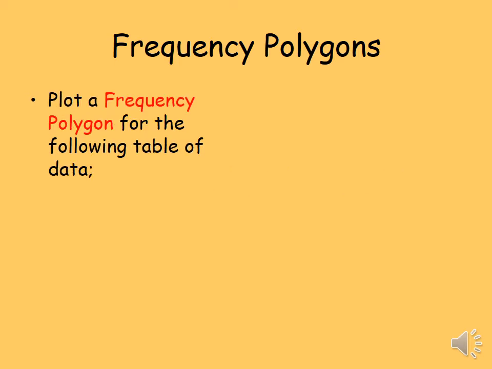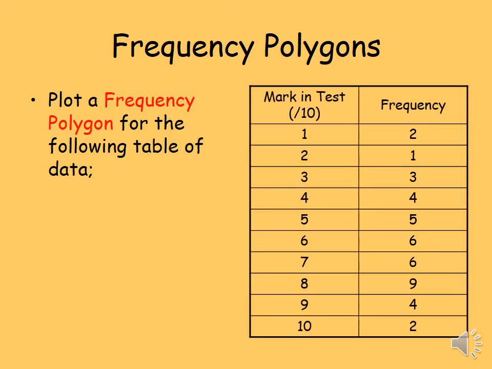So this is the data that we're going to be using. It's test marks and a frequency. You notice we don't have boundaries like 1 to 5. We're just dealing with what I would call solid numbers: 1 out of 10, 2 out of 10, etc. Okay, so that is the data that we are working with.